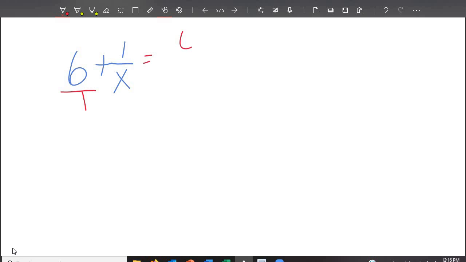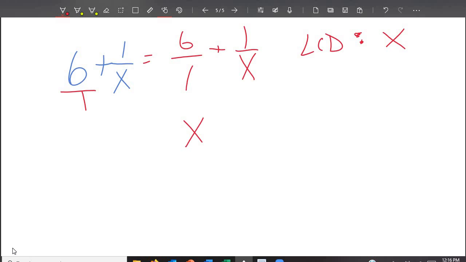I'll just rewrite this: 6 over 1 plus 1 over x. Now, let's find the common denominator. It's a combination of both denominators. So it's a 1 times an x, so it's just an x. So now my denominators are going to have an x.